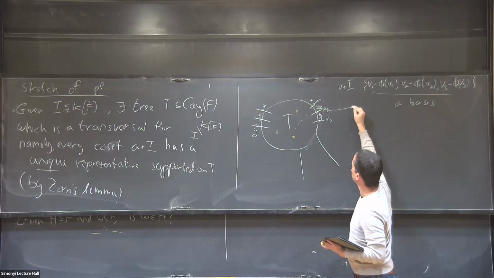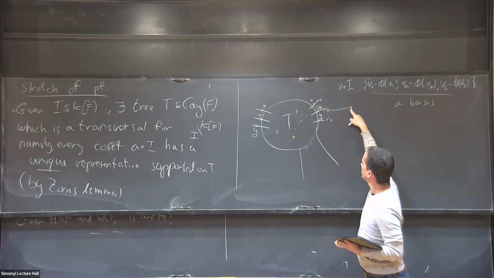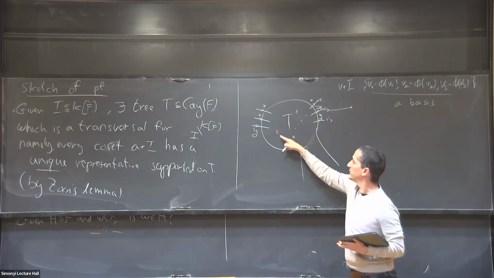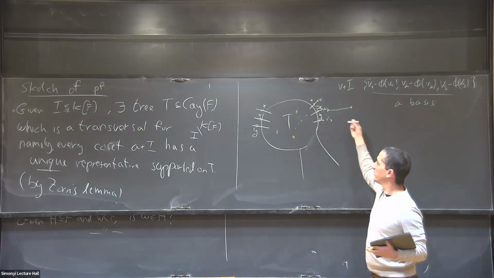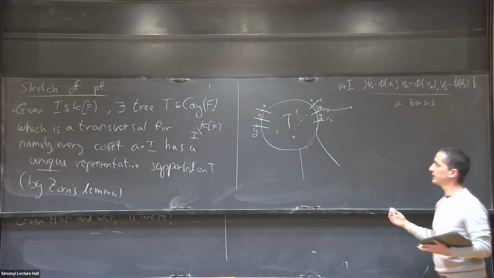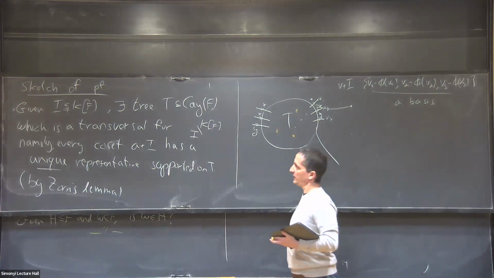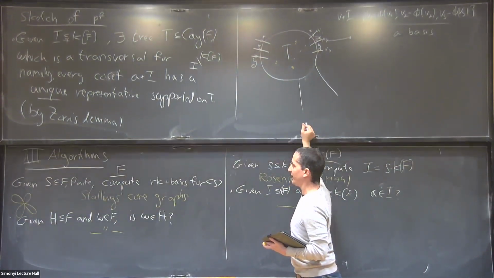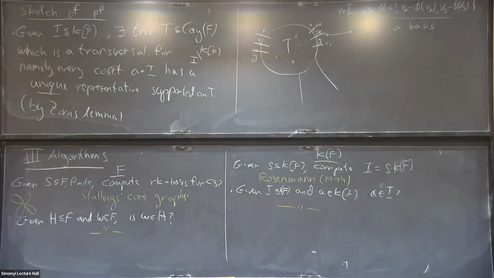If this is your point on the Cayley graph, V2 times the word that's written here, you can replace it by these points times the same word, and this will give you something that is closer to the tree. Then you can repeat it and eventually, if the element is in the ideal, you have to get zero.